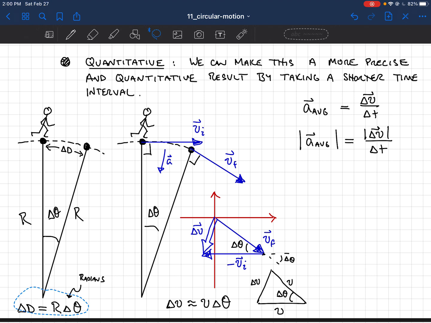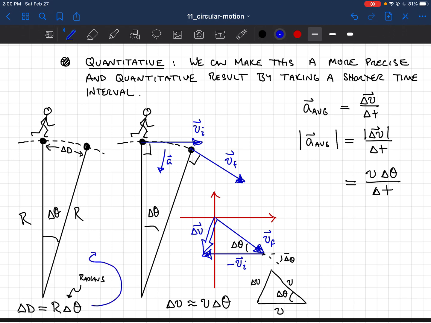Okay, now we're ready to calculate the average acceleration. So the average acceleration magnitude is delta v magnitude over delta t, and we just found an expression for delta v magnitude. It's the speed times delta theta. But delta theta, we also have an expression for.